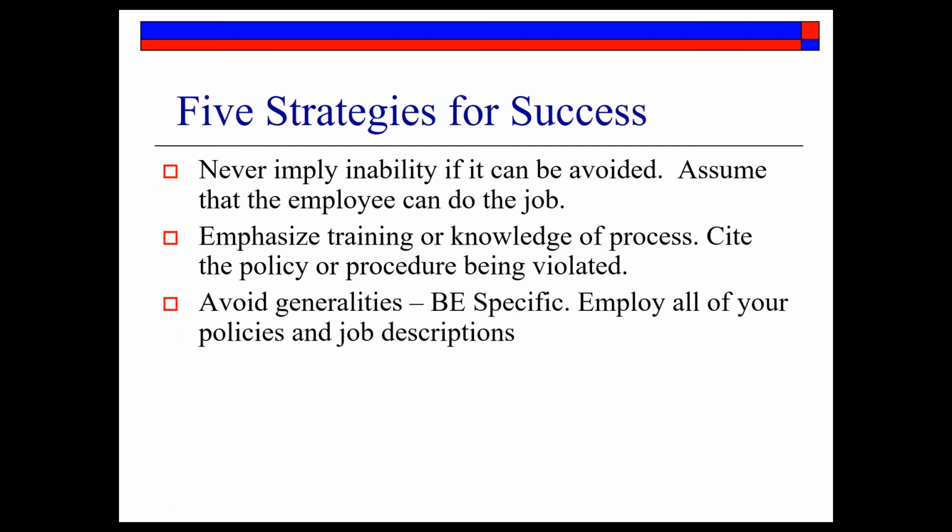That is something that is controllable, that's something that's willful and deliberate on their part. So look for areas where they're not doing the job, and why are they not doing the job? So be very specific with them and use all of your policies. Don't just limit it to their inability or their failure to meet the performance goals.